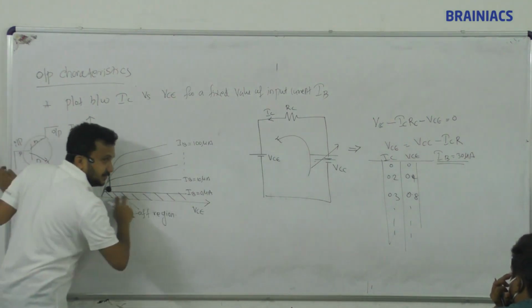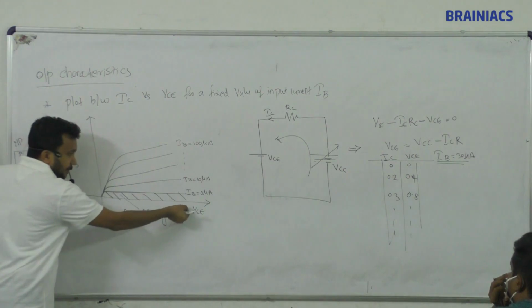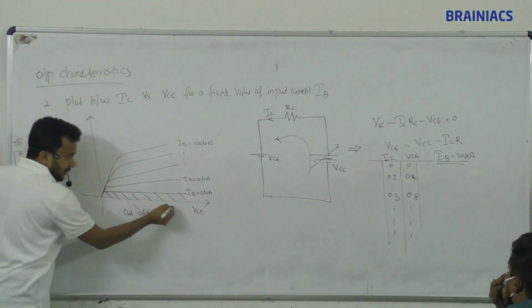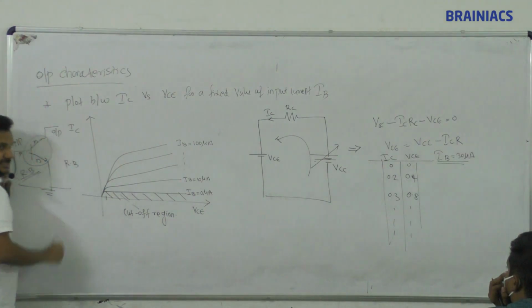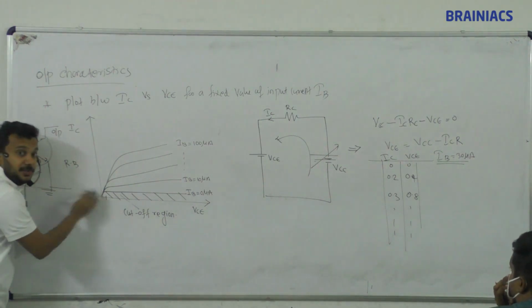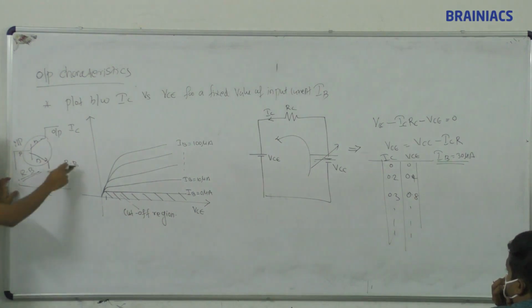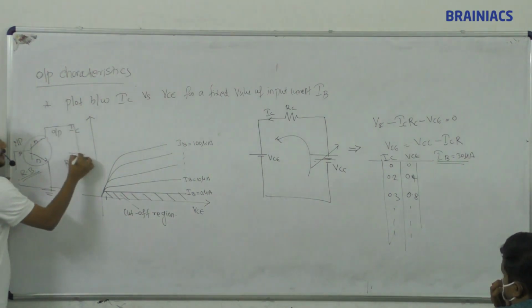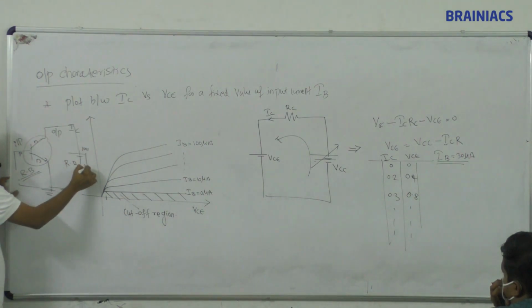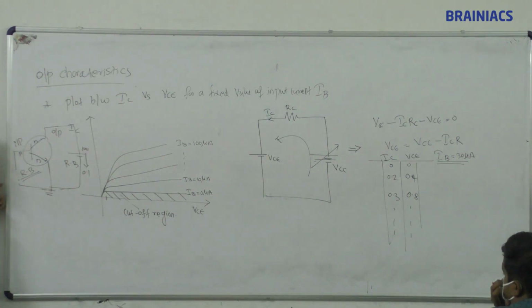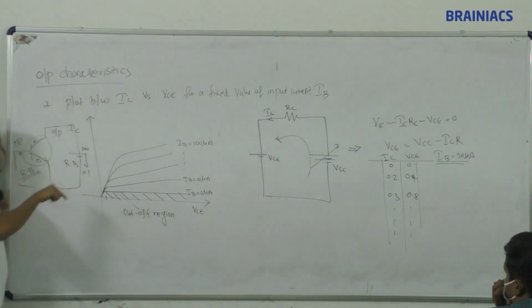Next, another one is VCE. This is the axis in which VCE is increasing. If I am coming from right to left and taking a VCE value that is very less, VCE is the collector emitter voltage I am giving. If this voltage is 10 volt and now I am reducing it to 0.1 volt, the reverse bias voltage is very less.